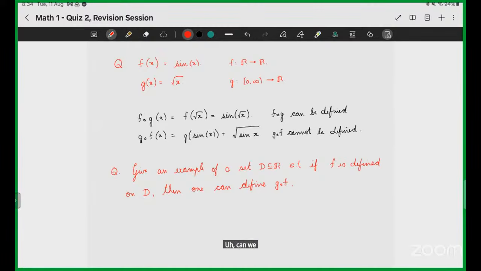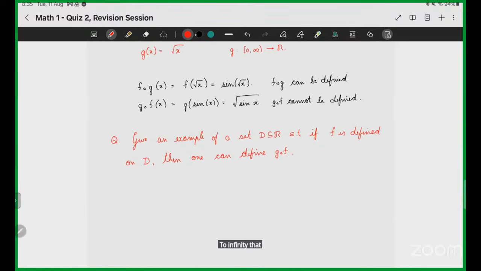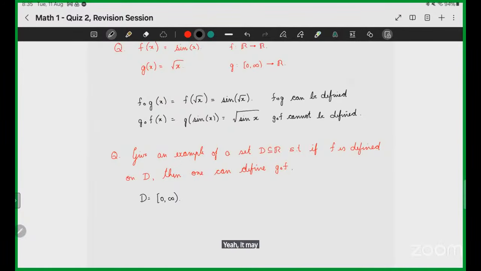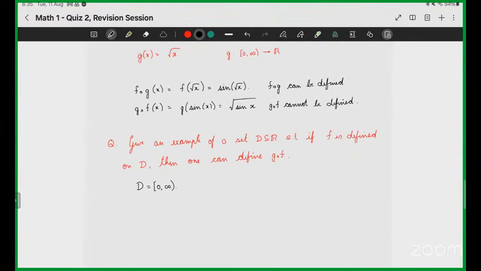Can anyone give me an example of one such domain? Can we have D equal to 0 to infinity, without including infinity? Is there a problem with this? I think that it is okay, sir. Okay.